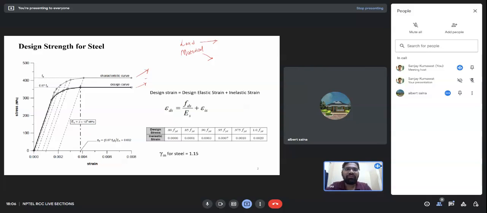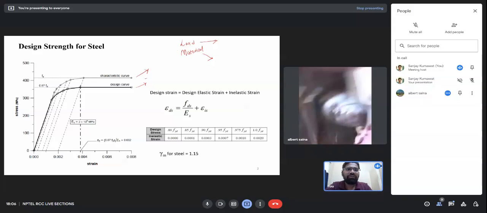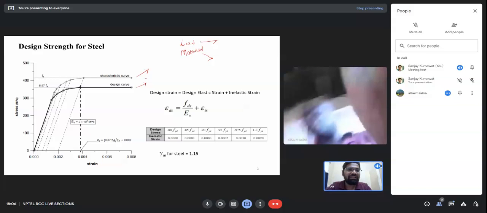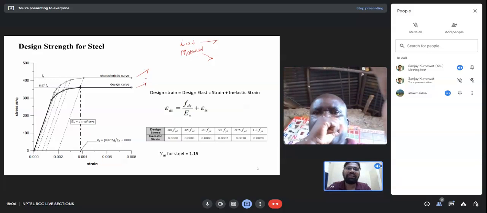It can be applied to both load as well as material. For load, the partial factor of safety is multiplied with the characteristic load, and for material, which gives us strength, the strength is divided by the partial factor of safety.